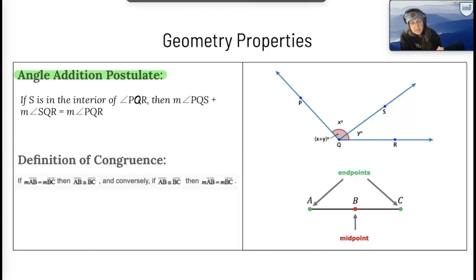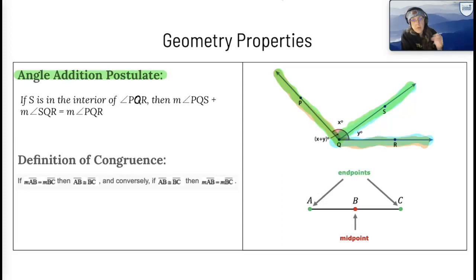It says that angle PQS plus angle SQR is equal to angle PQR. Boom, right? So two angles added together equal a greater angle.